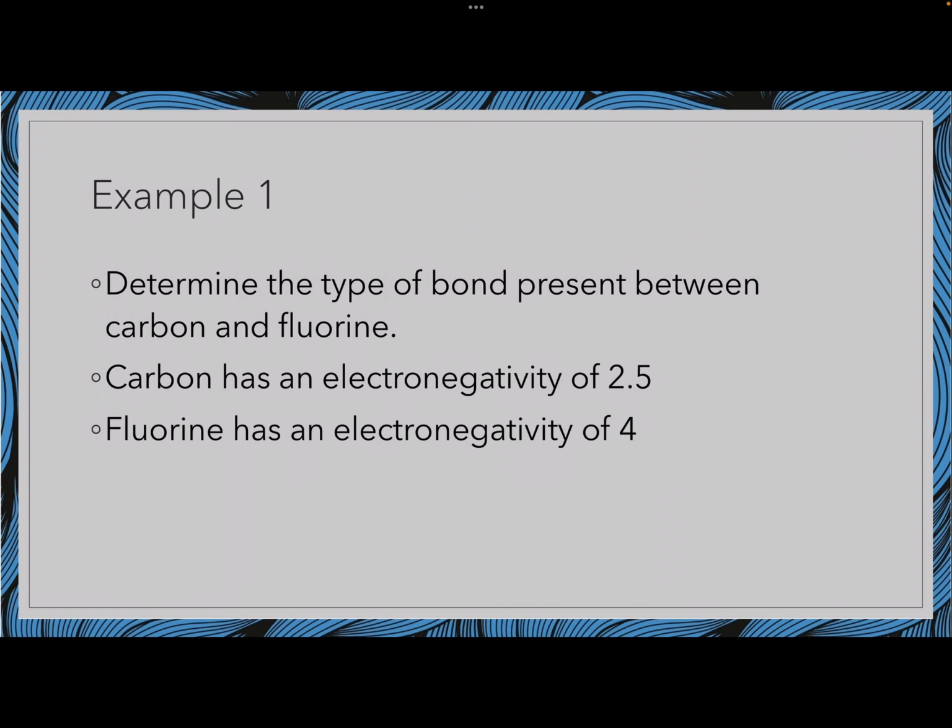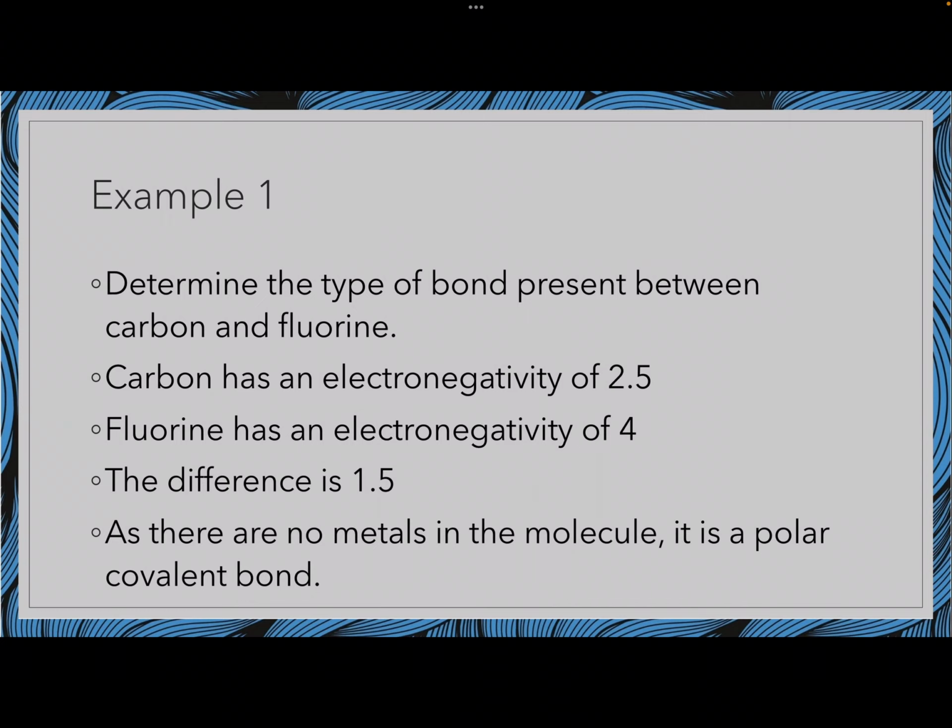What's the difference? Well, it's 1.5. And if we have a look at the table, 1.5 lies in that third row. So it's ionic if the bond contains a metal, polar covalent if the bond contains only nonmetals. We have carbon and fluorine. Both of them are non-metals. So this one ends up being polar covalent.